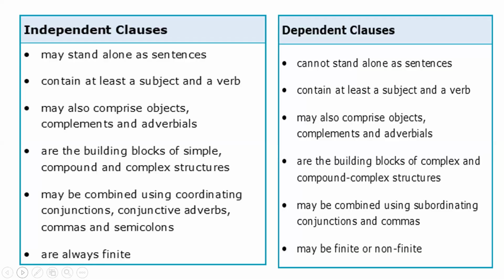Examples of coordinating conjunctions, commas and semicolons I have already given in the previous slides. A dependent clause may be combined using subordinating conjunctions and commas. In this way, you will recognize dependent clauses in all different types of sentences. It may be finite or non-finite.